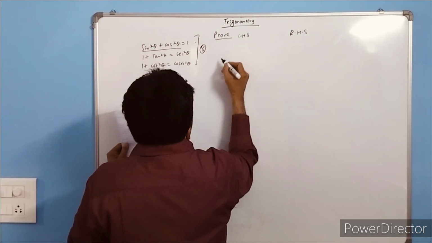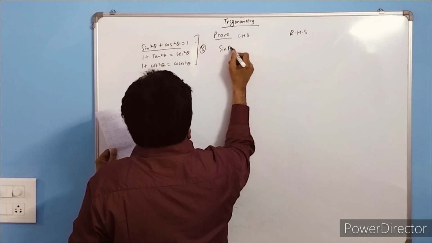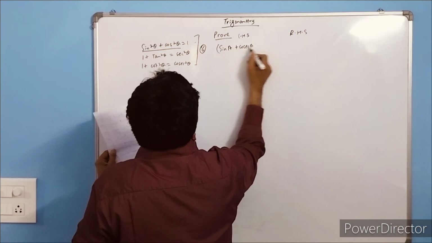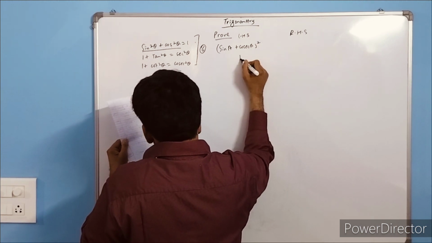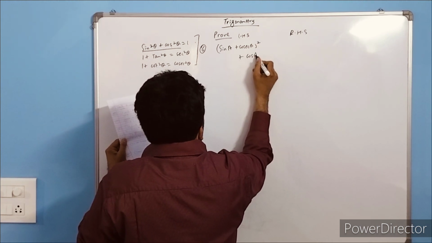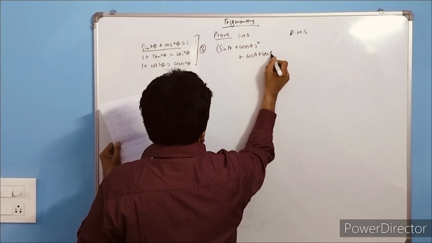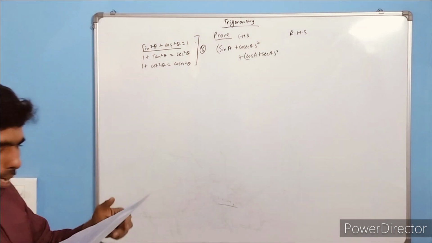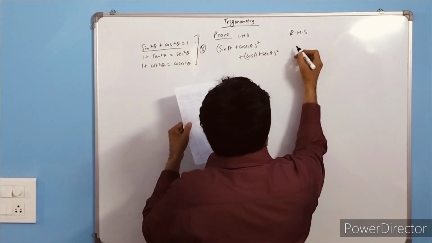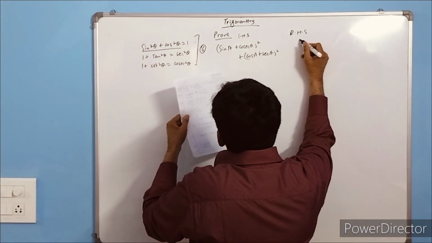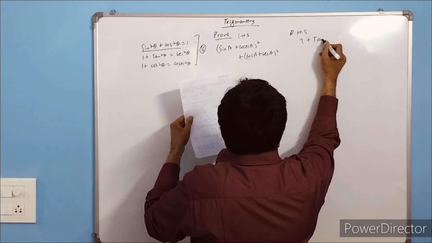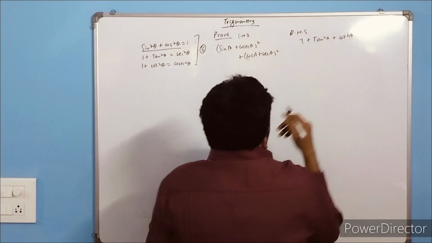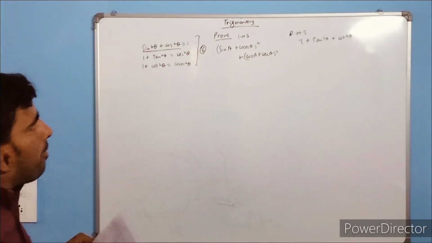That is (sin A plus cosec A) whole square plus (cos A plus sec A) whole square. This is given on the LHS side, and on the RHS side they have given 7 plus tan square A plus cot square A.